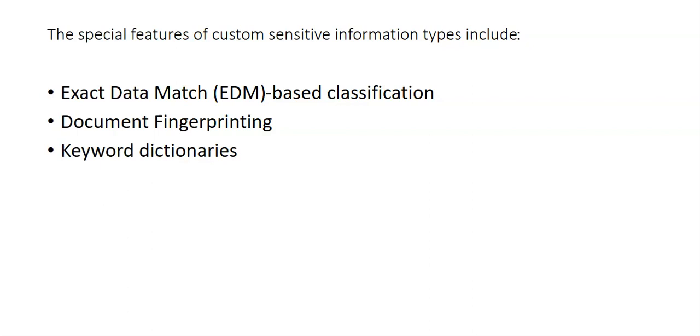Exact data match based classification enables the creation of databases with custom sensitive information types that refer to exact values. It is a feature that enables daily refreshes and can contain up to 100 million rows of data. Document fingerprinting converts a standard form into a sensitive information type. And keyword dictionaries offer an easy way to manage reused keyword lists for matching company information on a large scale.